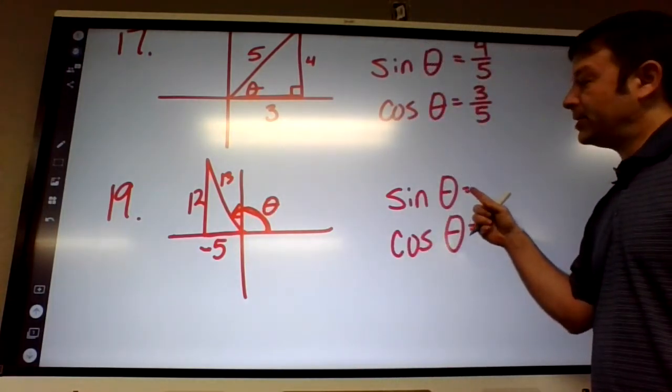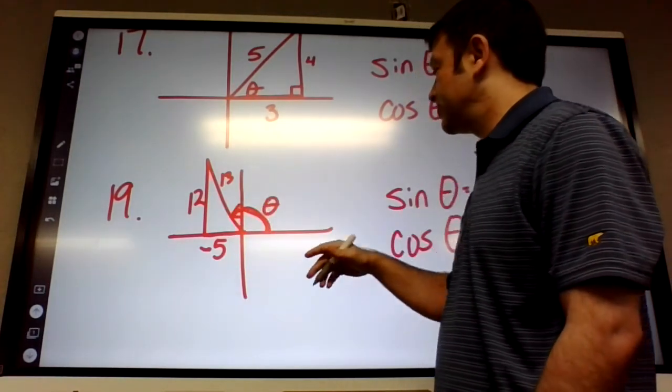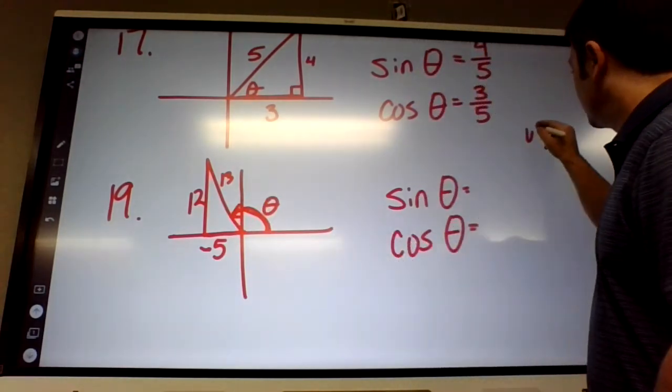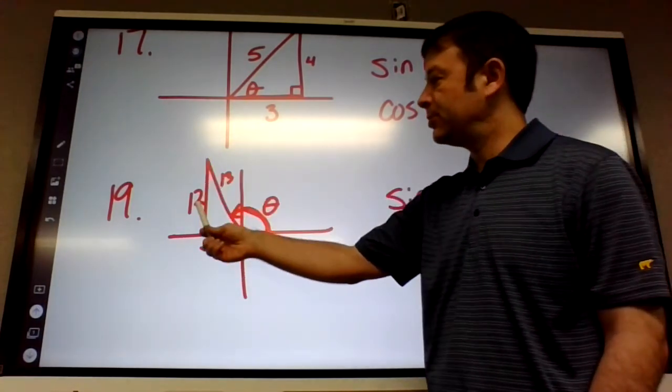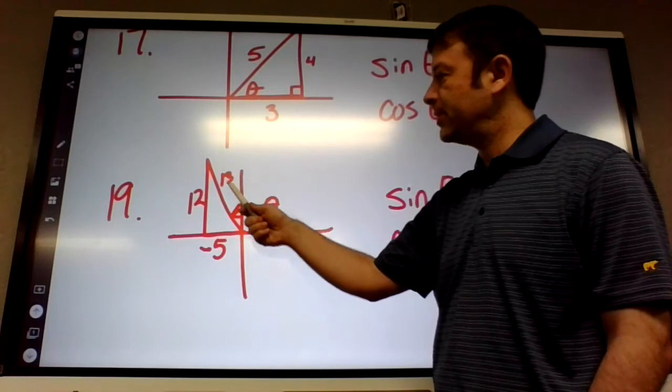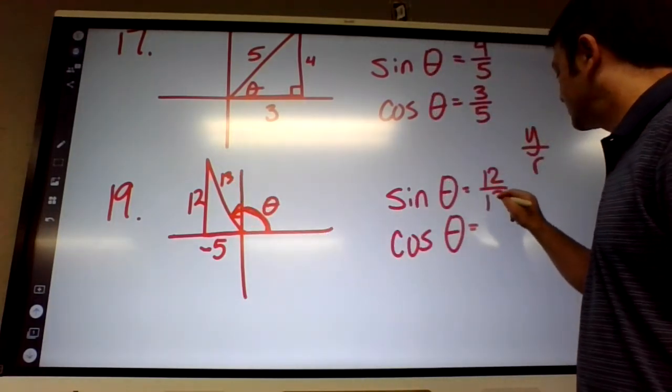Anyway, so yeah. Sine is, okay, so you could still do like opposite over hypotenuse, or you could use y over r. So the y value is 12, the r value, like the radius of the circle, is 13. So it's 12 over 13.